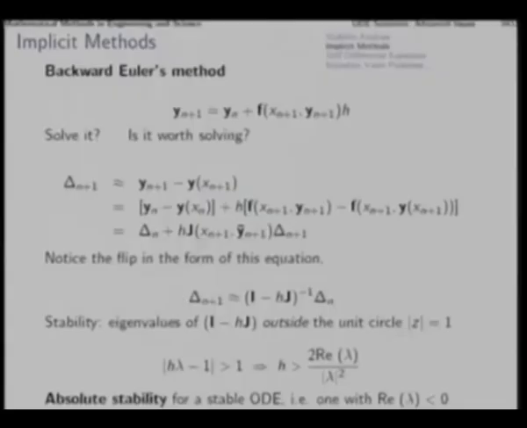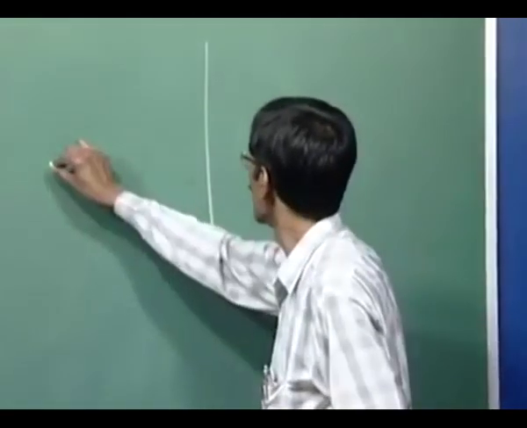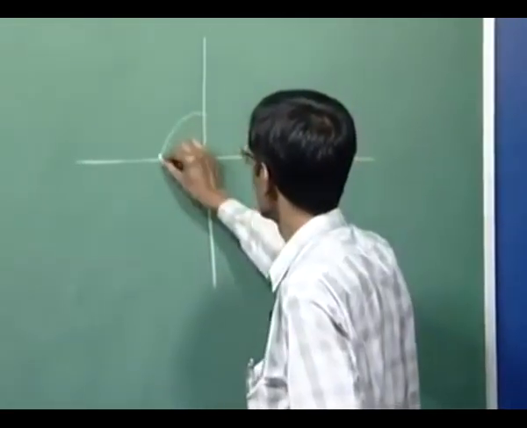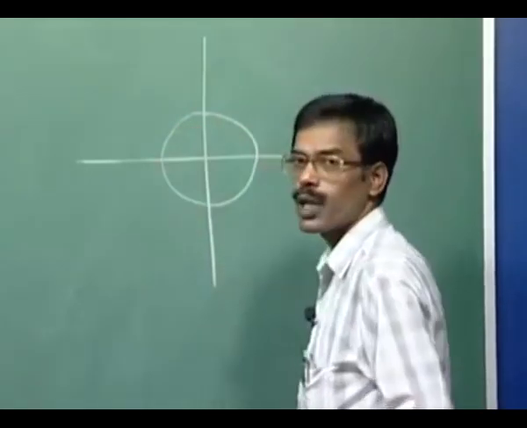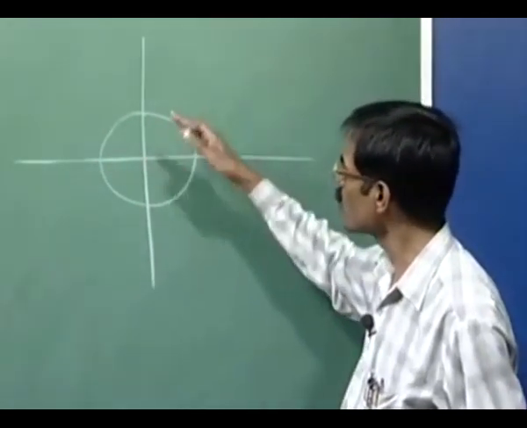Now, for stability of the method, we need delta to decrease over steps. That is, compared to delta n, we want delta n plus 1 to be less. That means the eigenvalues of this matrix, the inverse of I minus h J, we want to fall within the unit circle. We want the eigenvalues of I minus h J inverse to be within this.